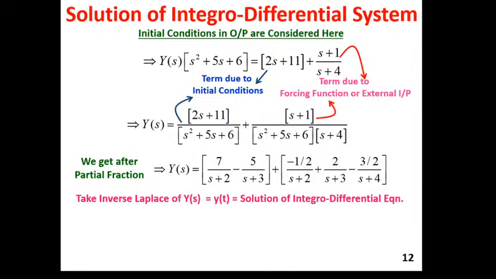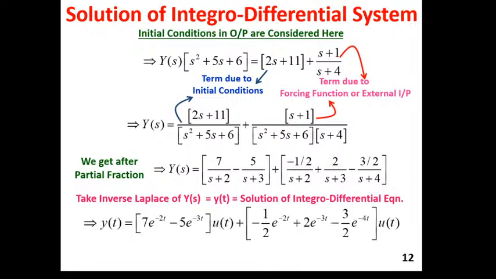This y(t) whatever we get will be the solution of the integro-differential equation, and we multiply by u(t) because we are saying that this y(t) is a causal function, that means it runs from t equal to 0 to t equal to infinity. So it is a unilateral inverse Laplace transform we are doing, which is more practical, more easily understandable, more easily explainable to students.